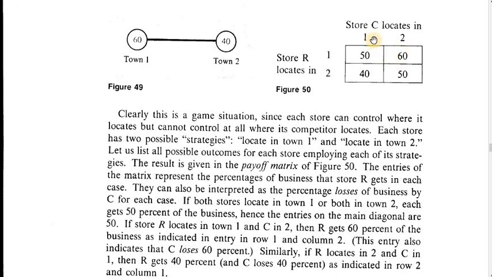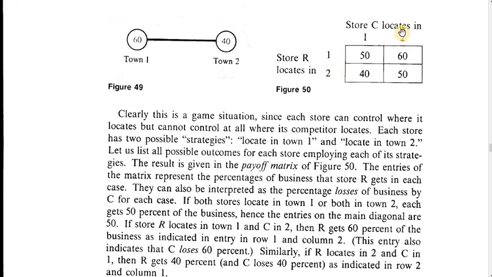In fact, store C always does better choosing town 1 than town 2. And store R always does better choosing town 1 than town 2. Think about it. If store R chooses town 2, then store C has two options. If store C chose town 1, then store R only got 40% of the business, which is worse than the 50% he would have gotten if he chose town 1.